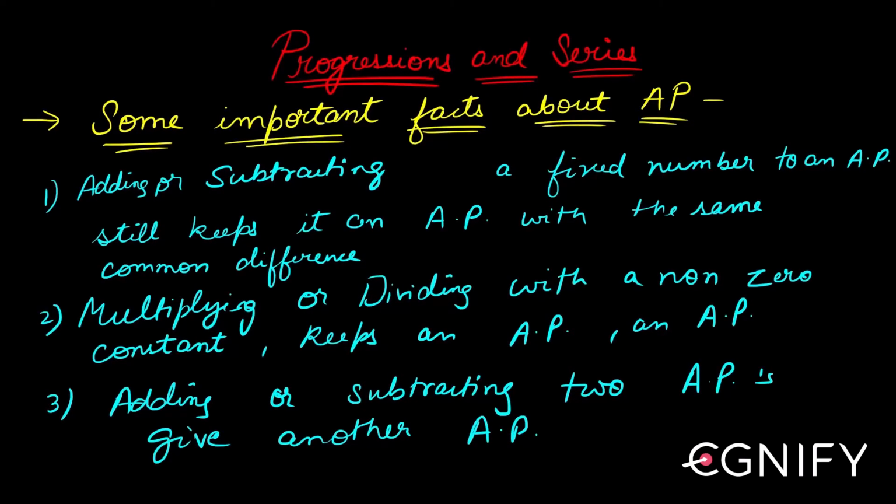Let us discuss some important facts about an arithmetic progression. Adding or subtracting a fixed number to an AP still keeps it an AP with the same common difference.